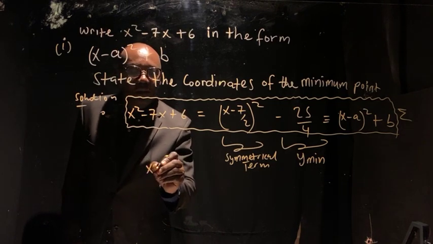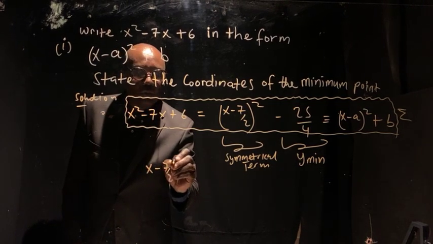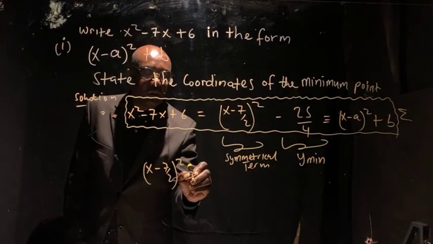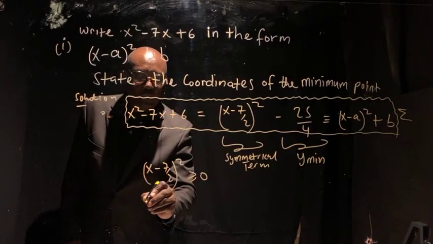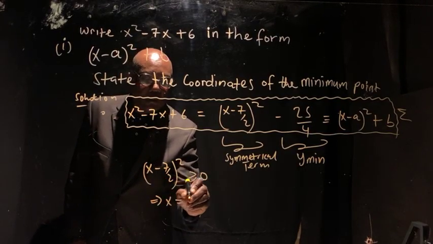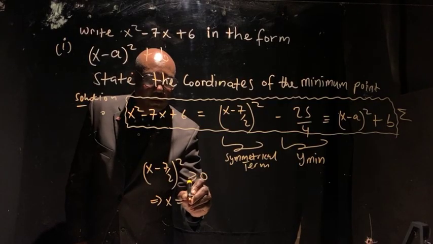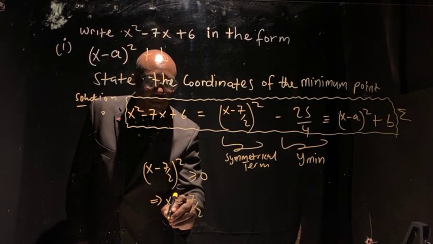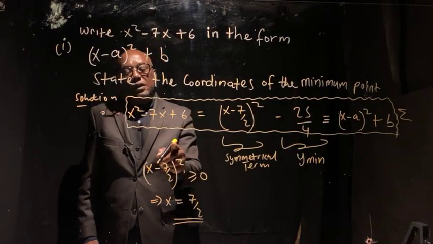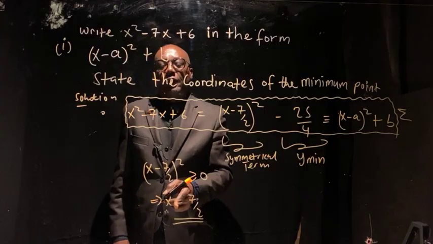Therefore, (x minus 7 over 2) squared is greater than or equal to 0, which implies x equals 7 over 2.